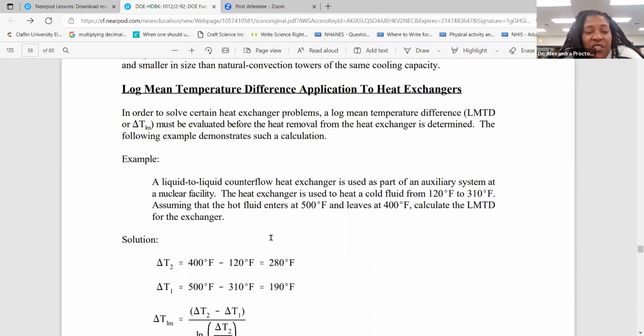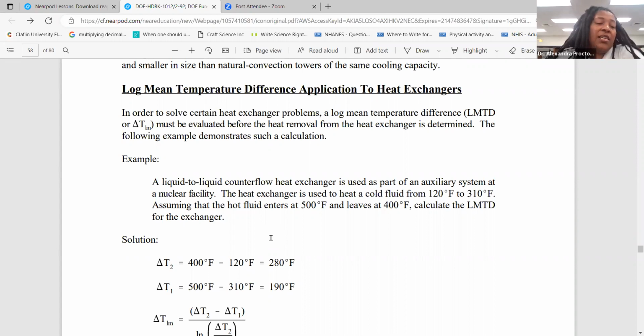The heat exchanger is used to heat a cold fluid from 120 degrees Fahrenheit to 310 degrees Fahrenheit. Assuming that the hot fluid enters at 500 degrees Fahrenheit and leaves at 400 degrees Fahrenheit, calculate the log mean temperature difference for the exchanger.